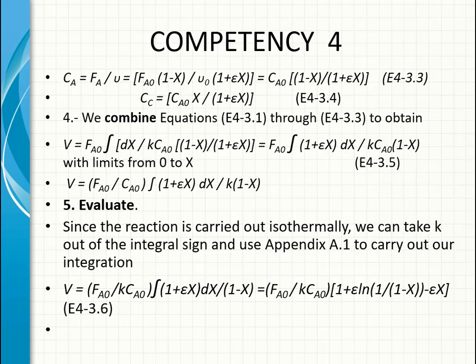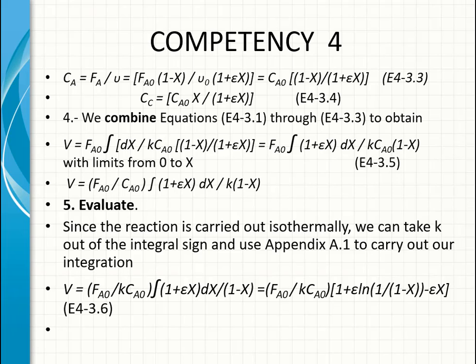Then we combine all these equations to get that the volume is equal to FA0 times the integral of dX divided by kCA0 times 1 minus X divided by 1 plus epsilon X. This is equal to FA0 times the integral of 1 plus epsilon X dX divided by kCA0 times 1 minus X. The integral of 1 plus epsilon X divided by 1 minus X is in the book, at the end of this page.